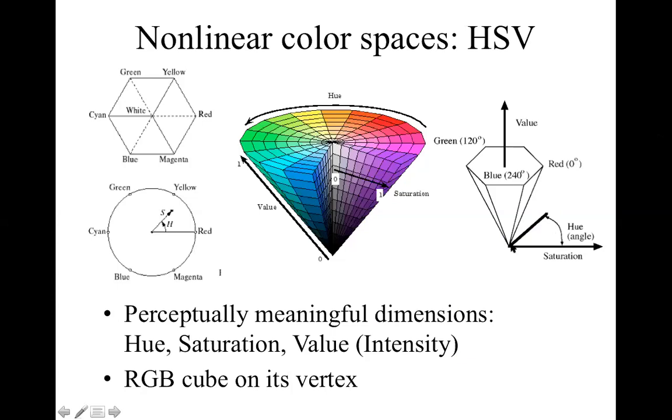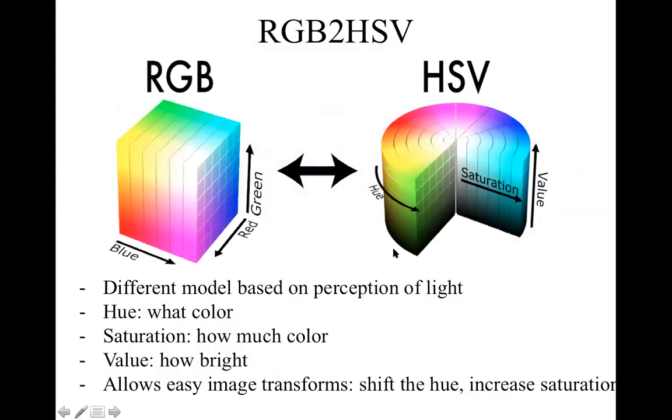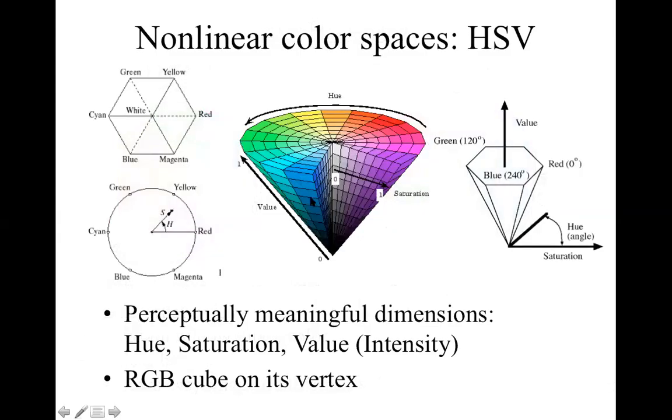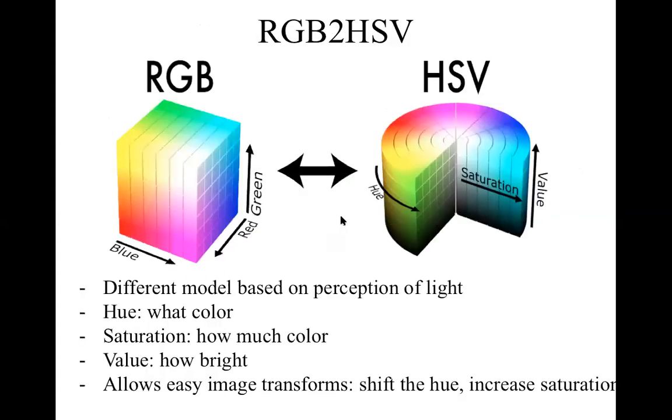The saturation is given by the distance between the color and the center of your pyramid or your cylinder, and the value basically gives you how much brightness you have. So either you can use an HSV representation like a cone, or you can use a representation like a cylinder.